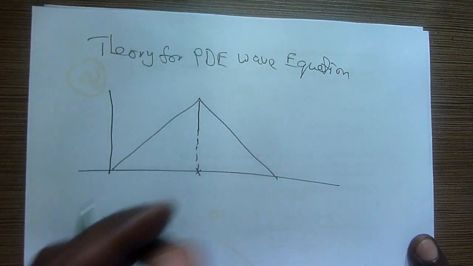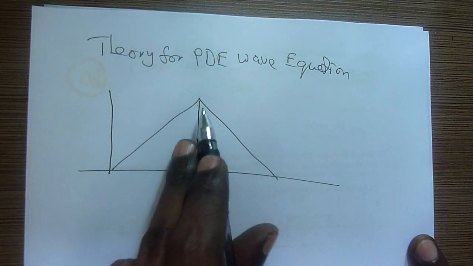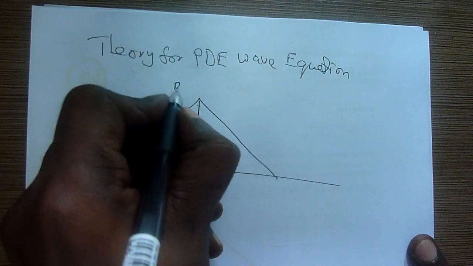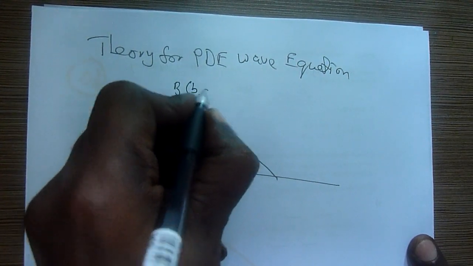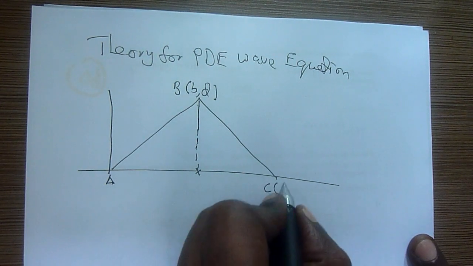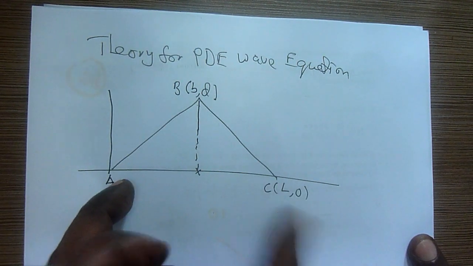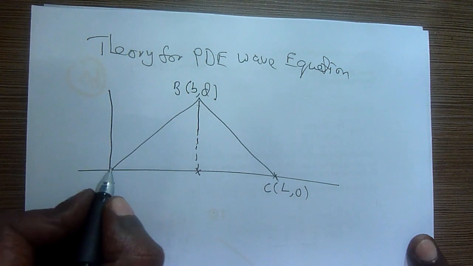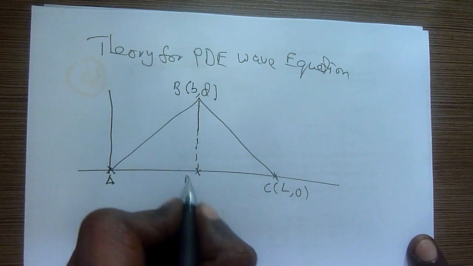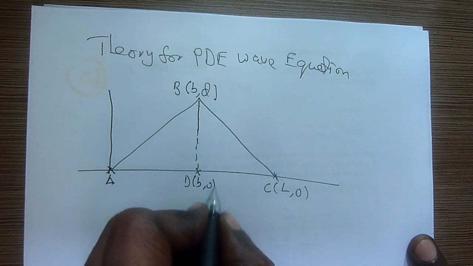You're pulling the string, and the initial displacement is there. You call this A, you call this B, and I call this BD, and of course this is CL0, the string size. This is 2N, and as you know, this is B0.